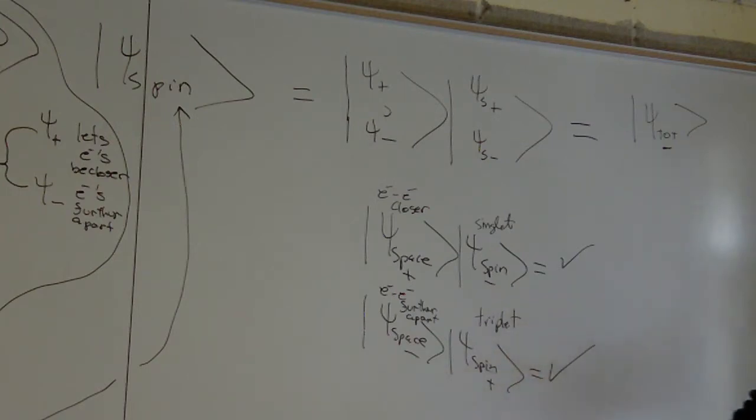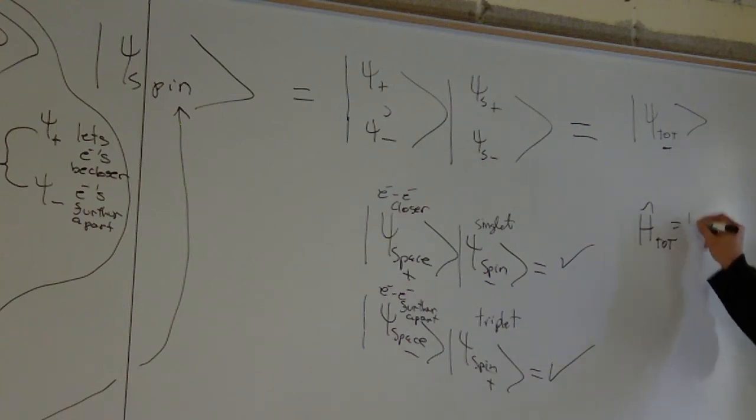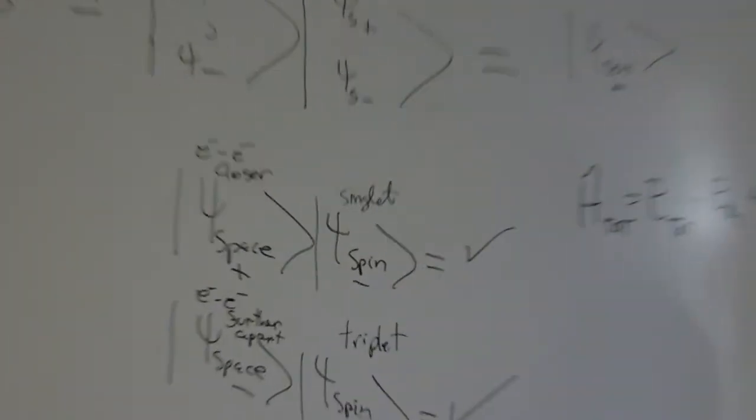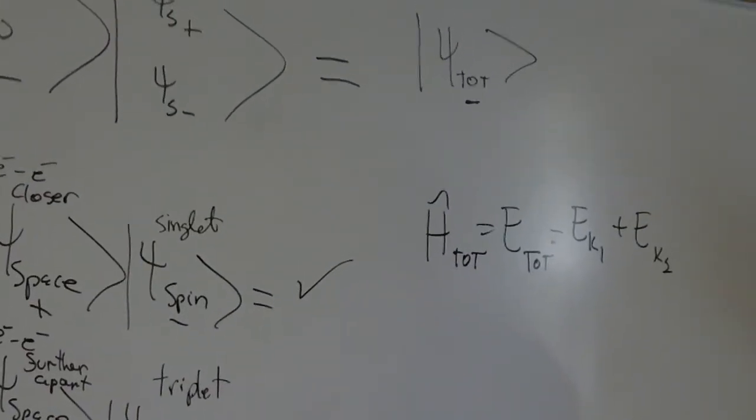So, let's now look at the total Hamiltonian. The total Hamiltonian is essentially equal to the total energy. And that equals EK of electron number 1 plus EK of electron number 2. But what other energy do I have? Not just kinetic, yeah, potential.